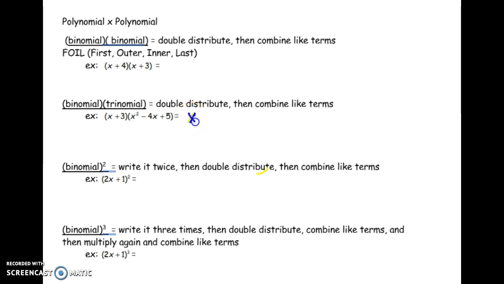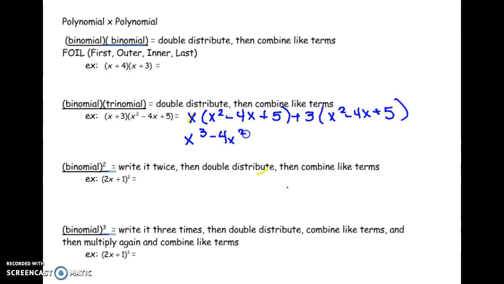So this would be x times x squared minus 4x plus 5, and then plus a 3 times x squared minus 4x plus 5. Okay, so we double distribute, and then we multiply: x to the third minus 4x squared plus 5x plus 3x squared minus 12x plus 15.